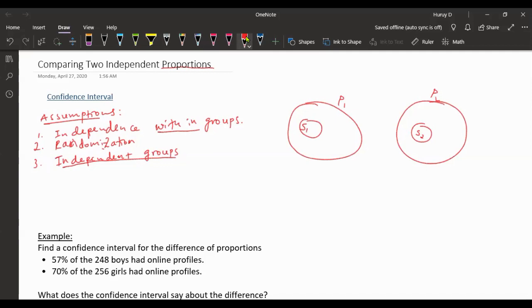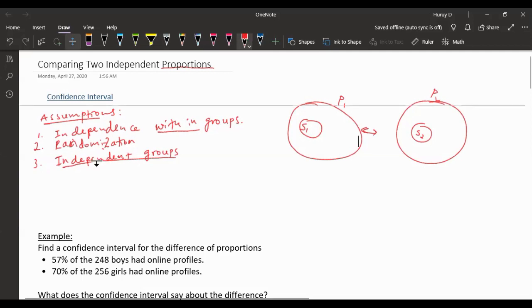So the first assumption is that each element in the sample is independent, and we want it selected randomly. The last assumption is that the two groups have to be independent of each other. Otherwise, I cannot use this technique.